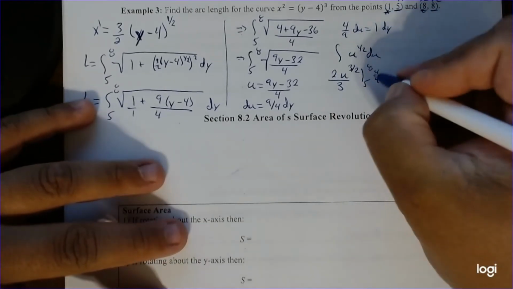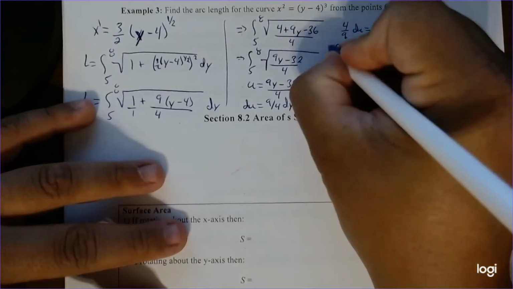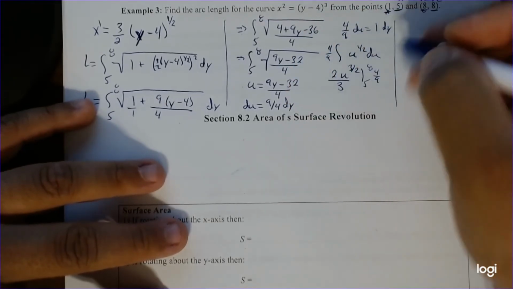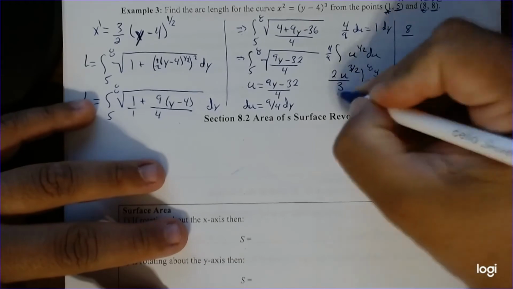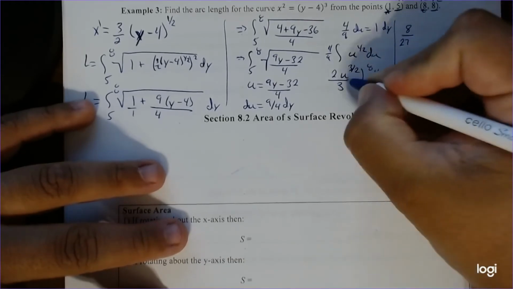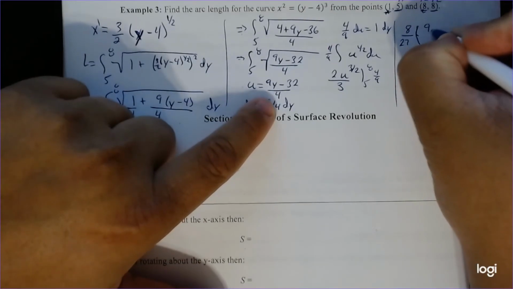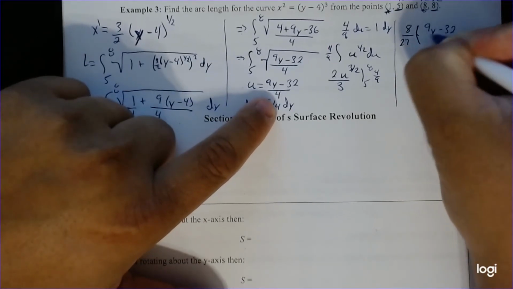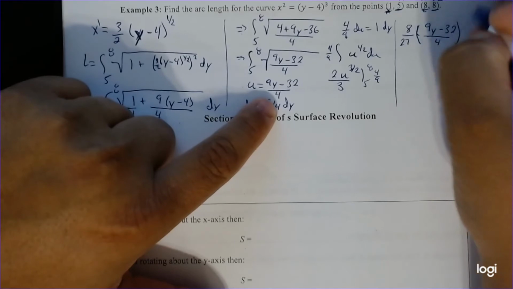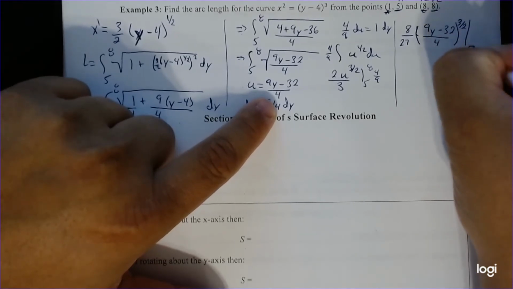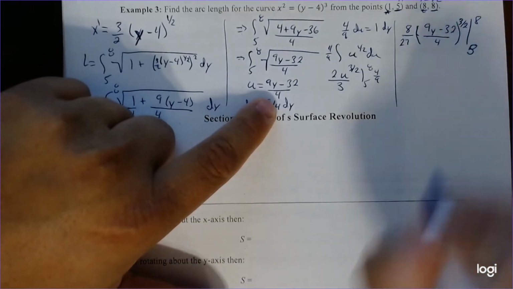So now this is technically right there as well. All right, so let's plug this in. So we have 4 times 2 is 8, 9 times 3 is 27 on the outside, and then we plug in what u is, and u is all of this, all raised to the 3/2 power, and it's going to be evaluated from 5 to 8.